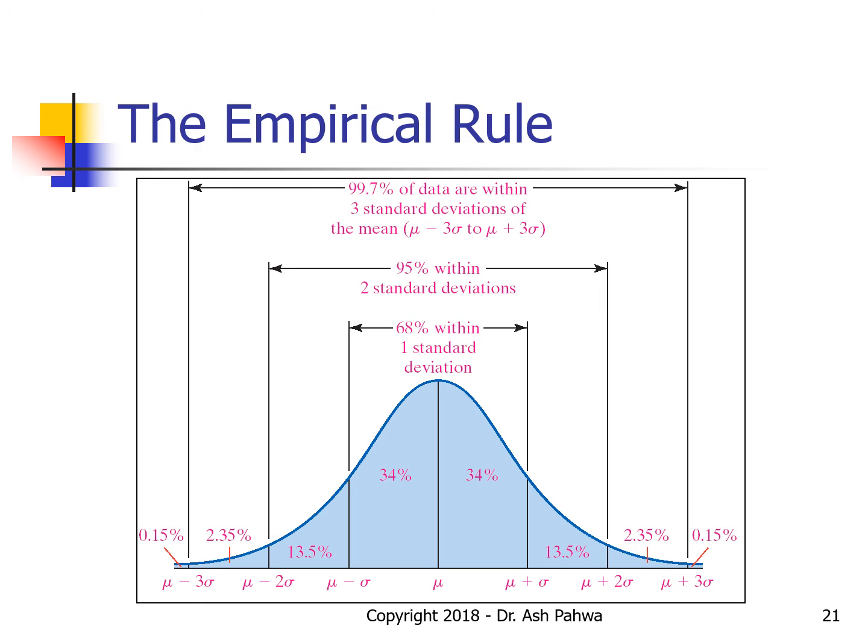Now if we select 3 standard deviations below the mean and 3 standard deviations above the mean, then we add 2.35% on the left hand side and also on the right hand side. Our total comes out to be 99.7% of the data, which is within 3 standard deviations of the mean, which is mu minus 3 sigma to mu plus 3 sigma.